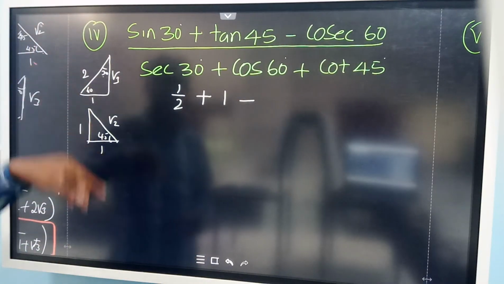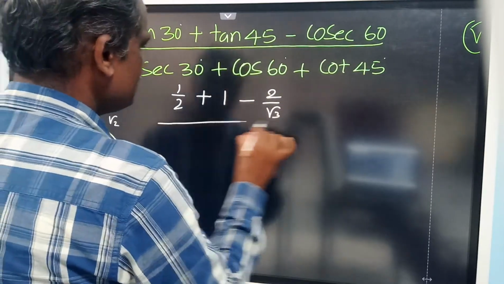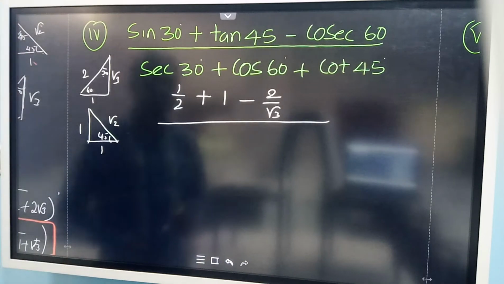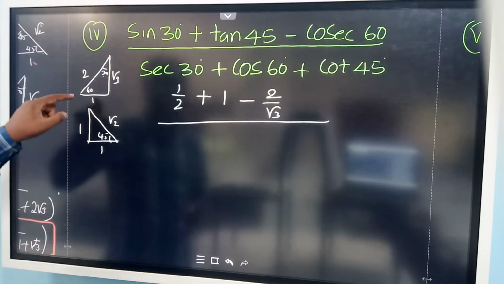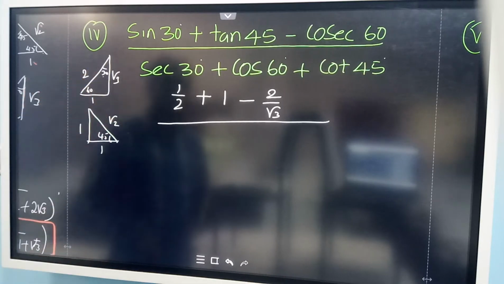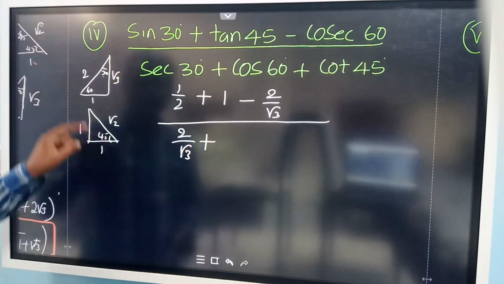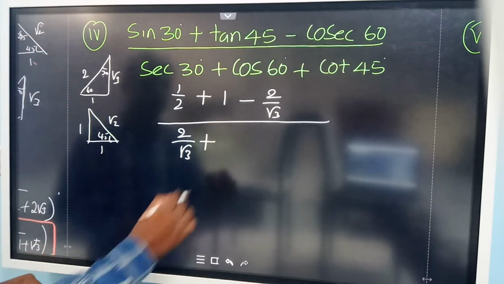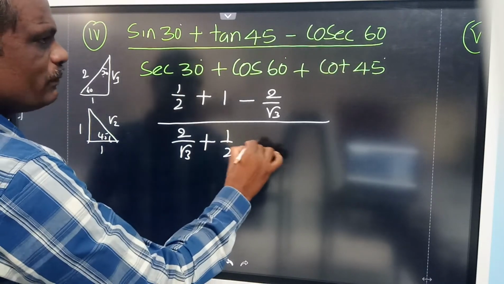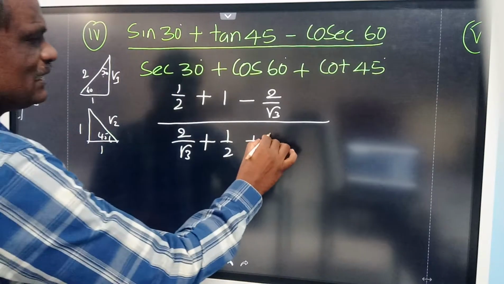So root 3 by 2 means it is 2 by root 3. So whole thing divided by secant 30, it is a reciprocal of cos 30. Cos 30 is root 3 by 2, reciprocal means 2 by root 3. Plus cos 60, adjacent side by hypotenuse, 1 by 2. So then plus cot 45, adjacent side by opposite side, again it is 1.